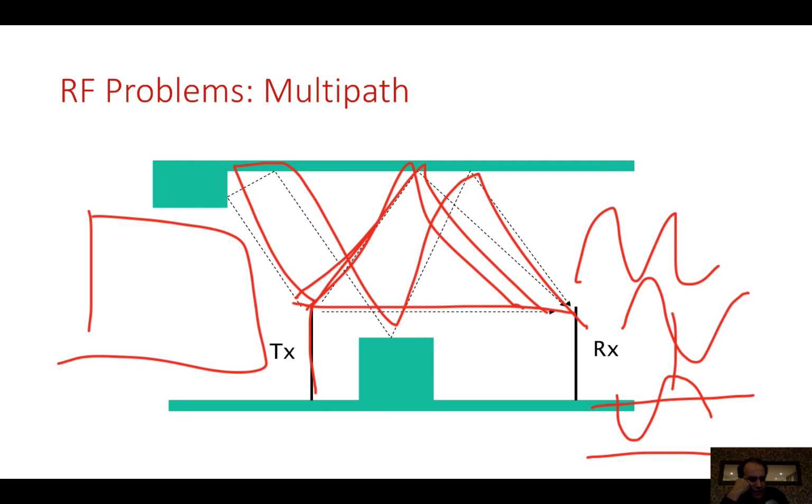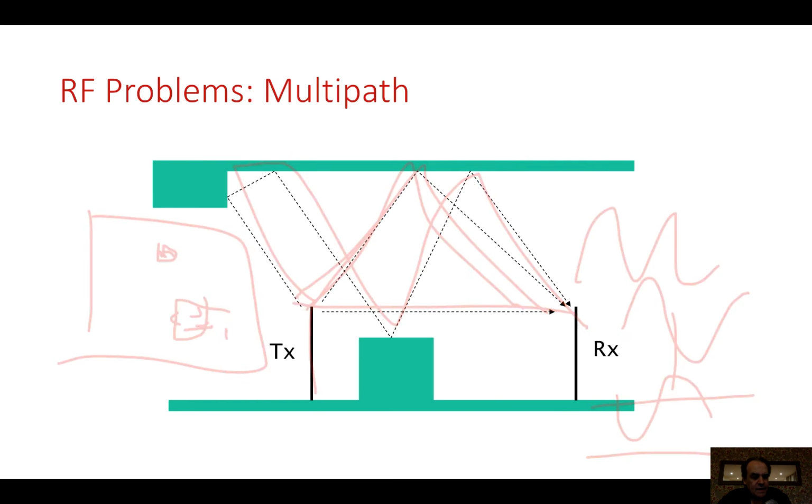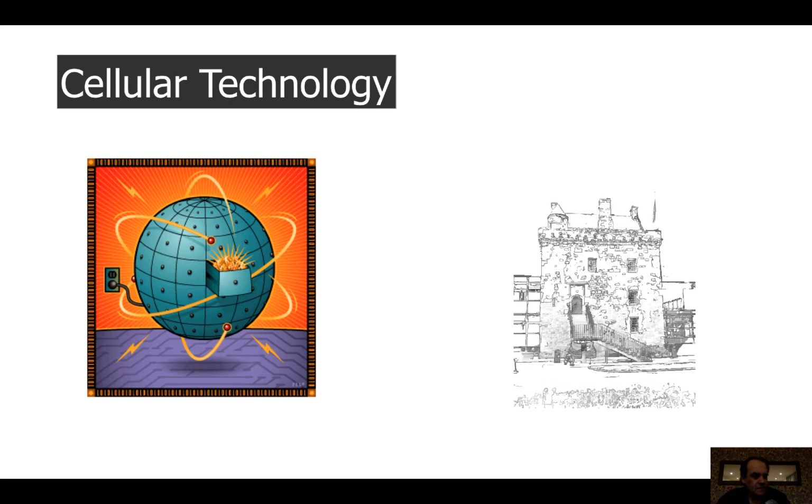We actually see this when we map our radio space. We'll see that there are small spaces where there's a null, and this is to do with the radio waves coming together and cancelling each other out. Often it's quite easy. We just need to move a few centimetres away from it and we're okay again, or we move the antenna a little bit and that can overcome the problem.